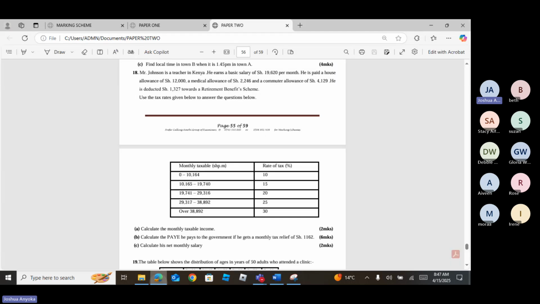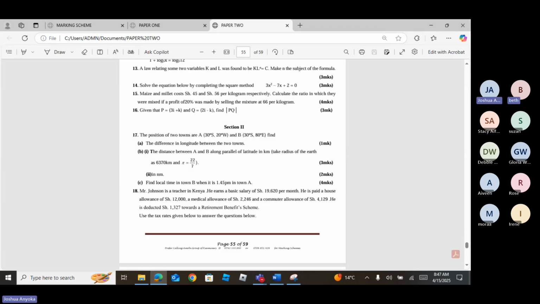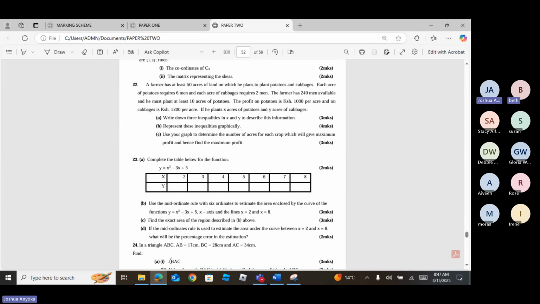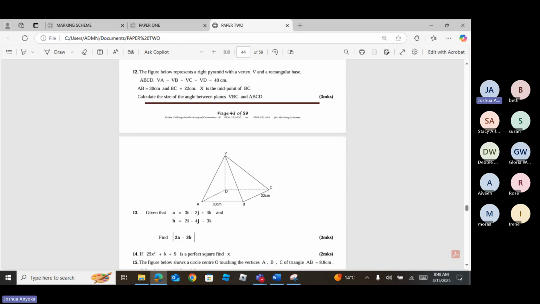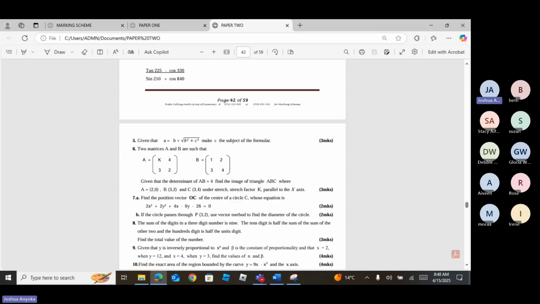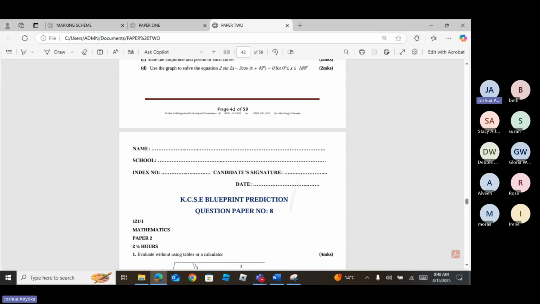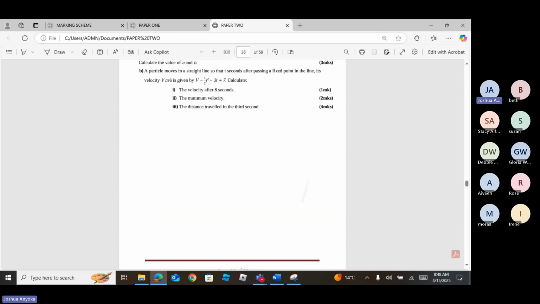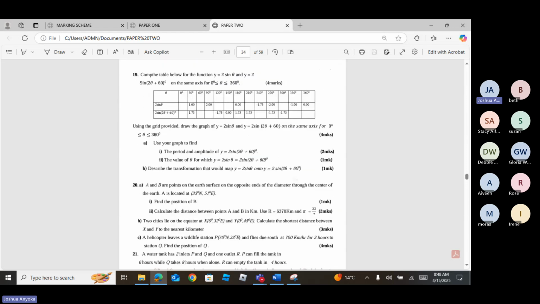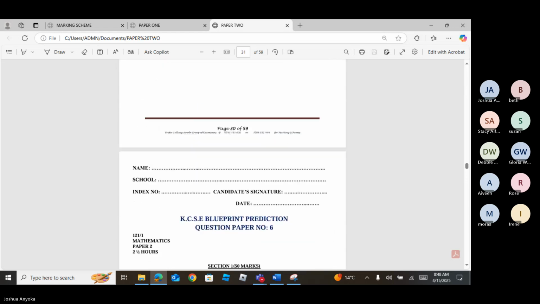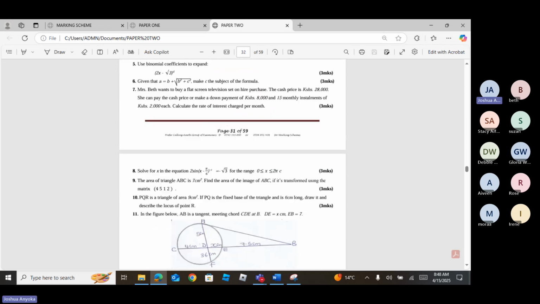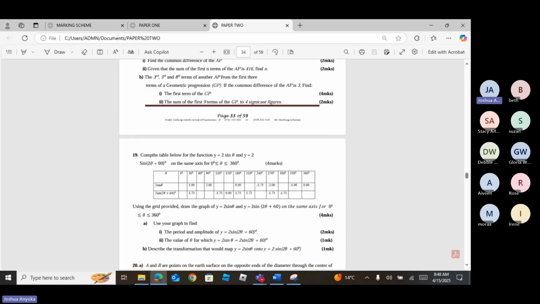Tuende huko. Trial 6 question 22. Trial 6 paper 2 question 22. Is he talking about taxation?